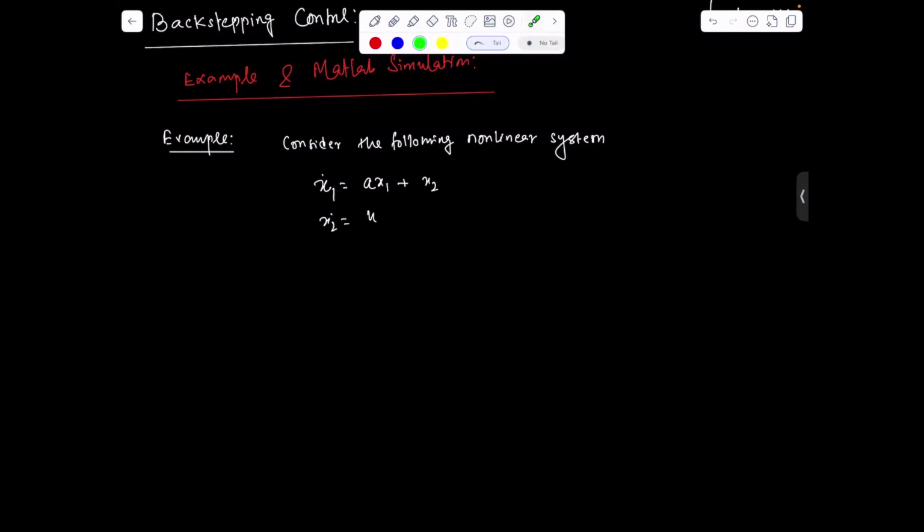So you can assume this is f1 of x1 and this is u. There are no f2 terms, nonlinear functions, as you had in the previous example. Let us define this as equation number 1.